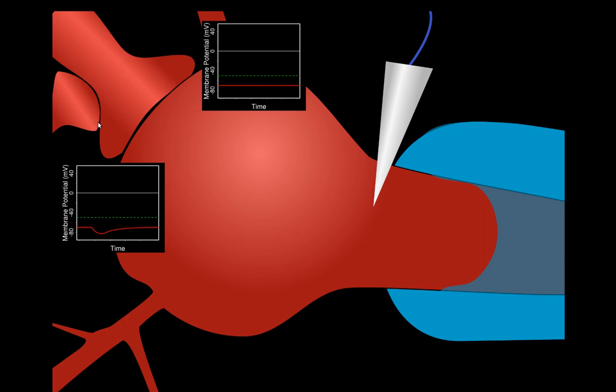Now, these presynaptic synapses or presynaptic regulation can also be excitatory. They could also cause an excitatory postsynaptic signal that would increase the probability of releasing neurotransmitter and causing a postsynaptic potential in the main cell here. So those can go either way.